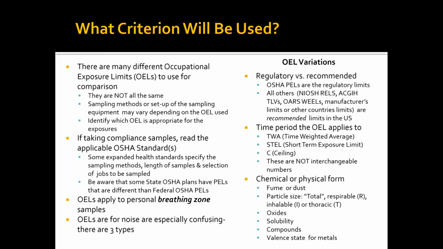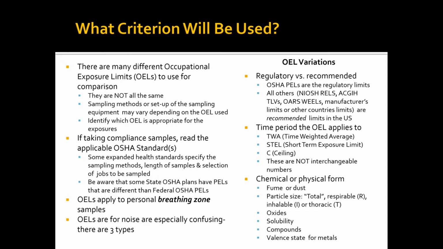Fumes again are derived from hot processes, so you can use that PEL for welding, fume, molten metal types of exposures. But if somebody's grinding on a piece of metal, that is not creating a fume, and therefore the iron oxide fume PEL is not applicable. And I've seen even OSHA reference the wrong PELs here. So you need to read how the OEL is expressed and make sure that it matches up with your process.